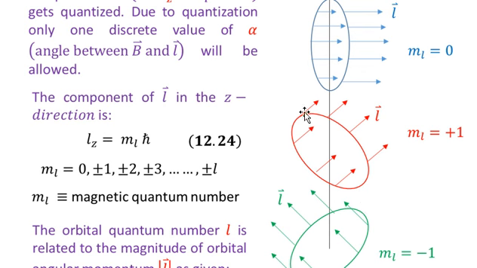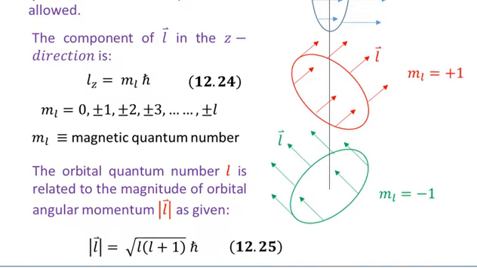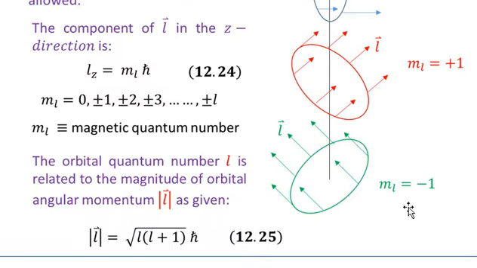This is the current loop of the electron, and the direction of L is shown when the orbital magnetic quantum number is equal to plus 1. Similarly, when ML is equal to minus 1, as shown by the green color, the loop is shown in green and the orbital angular momentum is shown in green.